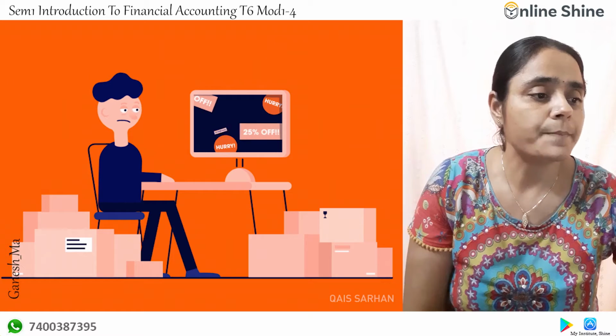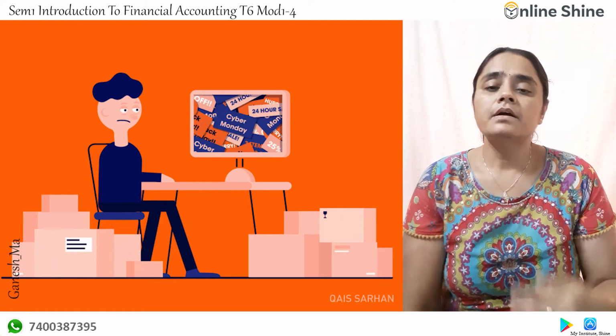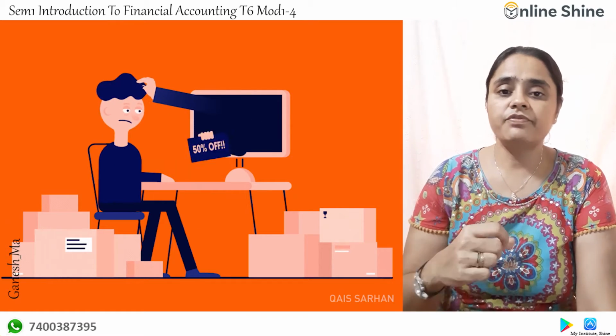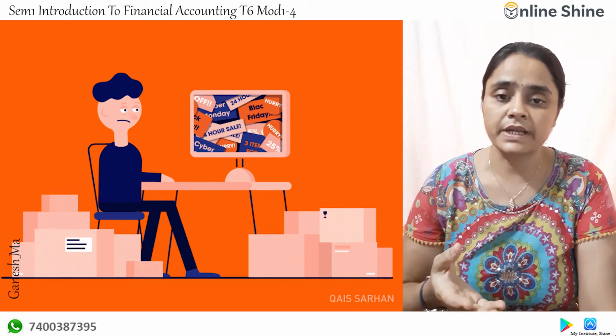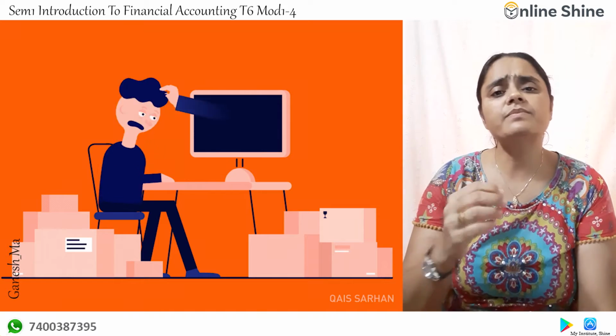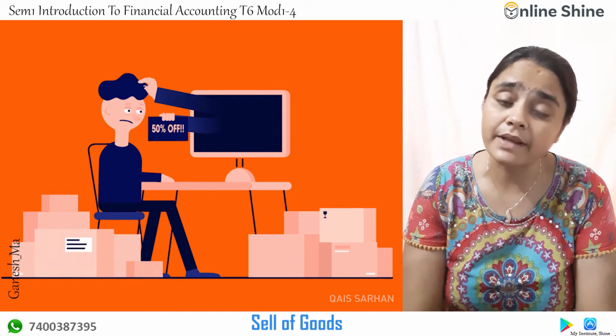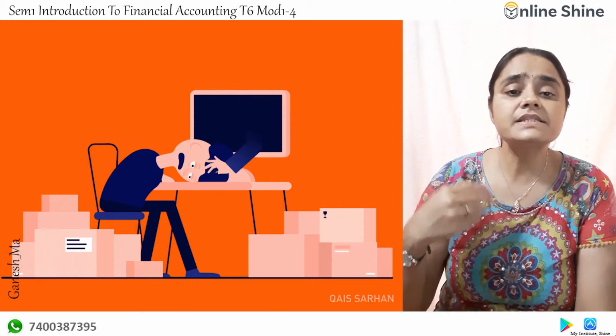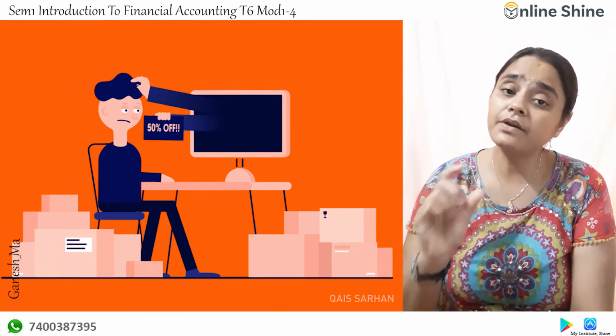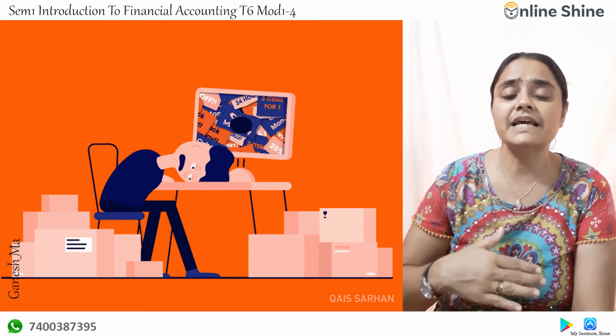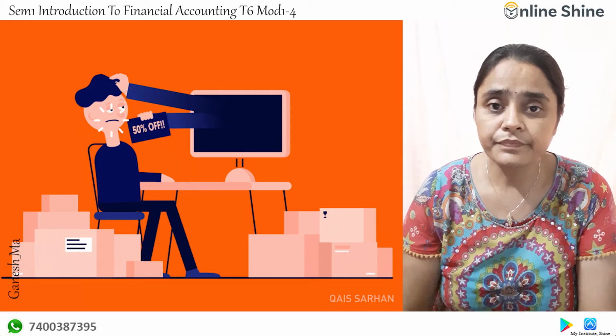Understood? Now, when you are earning revenue, say for example from sale of goods, there is one method of recognizing it. Revenue from sale of goods should be recognized when, very important to understand, all the significant risk and reward of that property has been transferred from seller to buyer.